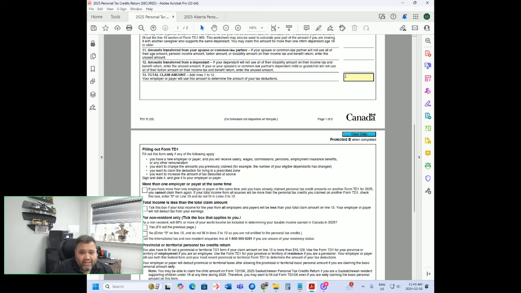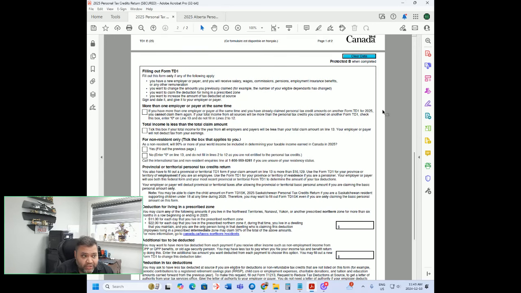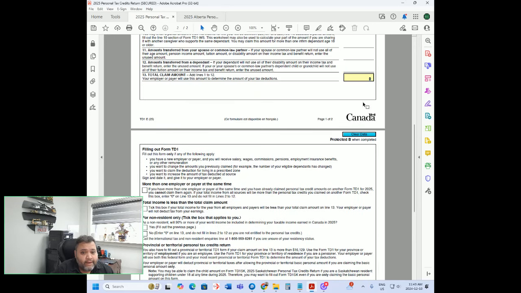At the bottom in 13, which is the total claim amount, you will also put 0, because now this is your second job, or you have quit your job and you're moving to another job. So this is our scenario number 2. You'll put 0 here.